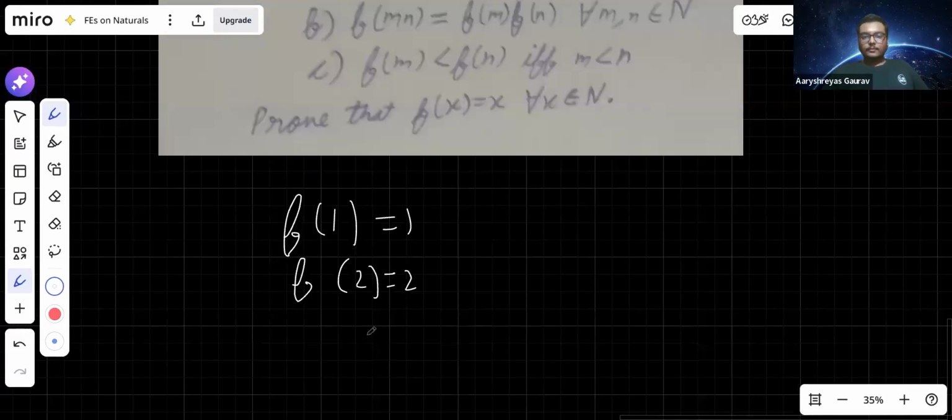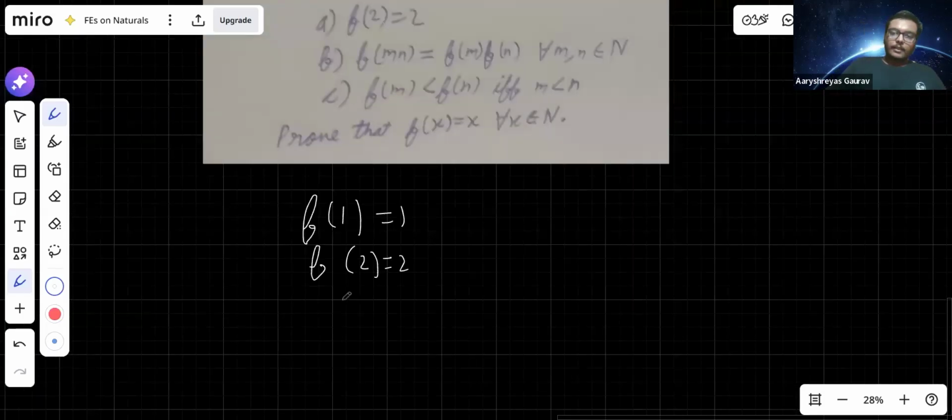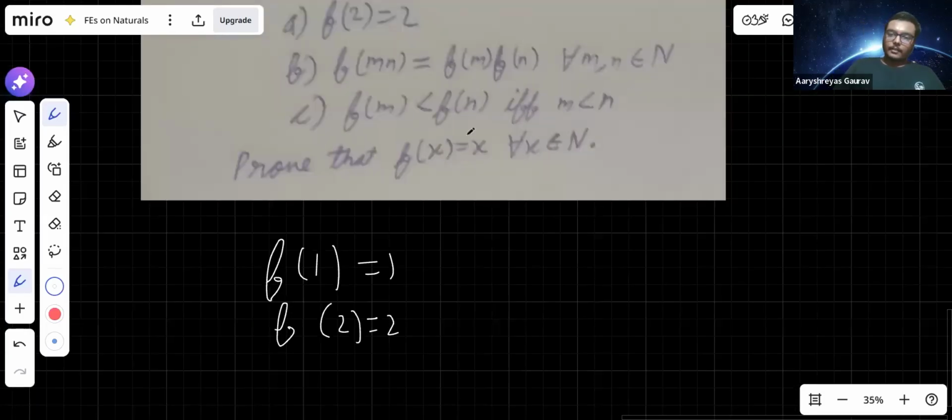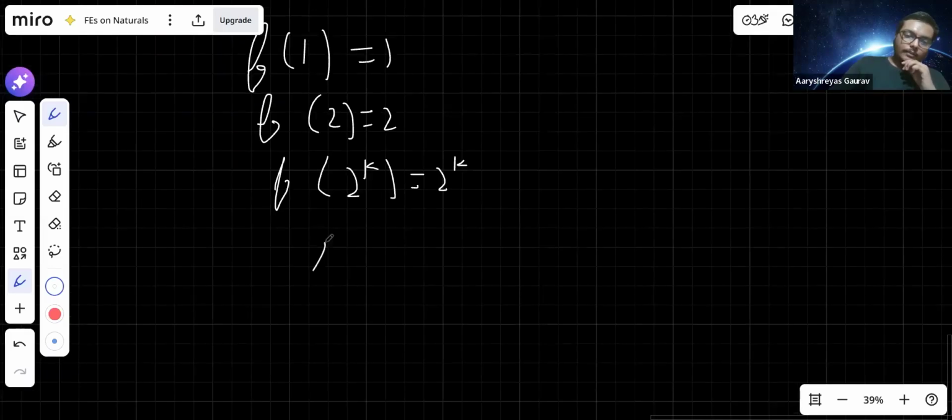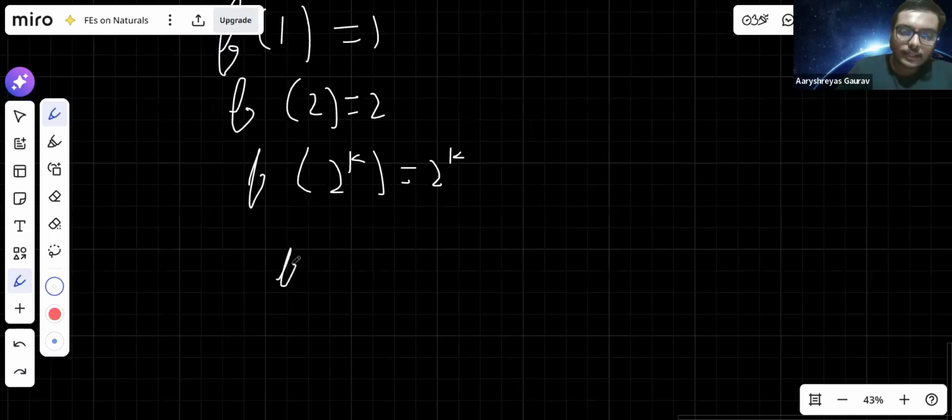So we know this, and here any point in the function which will be giving us a natural number is f of 2 to the power k, which is obviously 2 to the power k. So we have to somehow work out numbers between 2 to the power k and 2 to the power k plus 1.